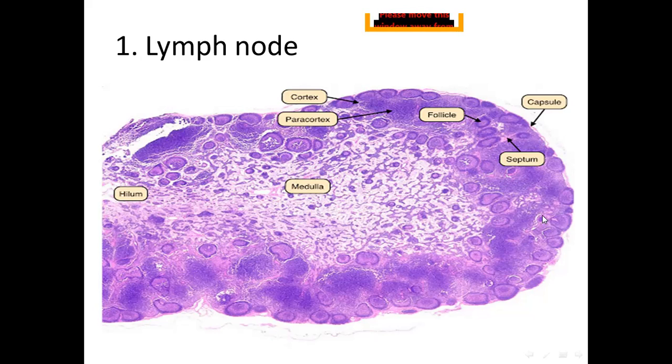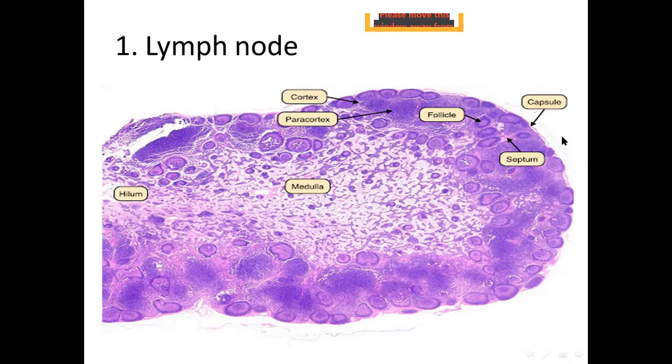So, we must know the direction of the lymph, starting with the afferent lymphatic vessels until it reaches the efferent vessels and leaves the node. The lymph enters the afferent lymphatic vessels at the convex surface of the node and empties into the subcapsular site, which contains sinuses.